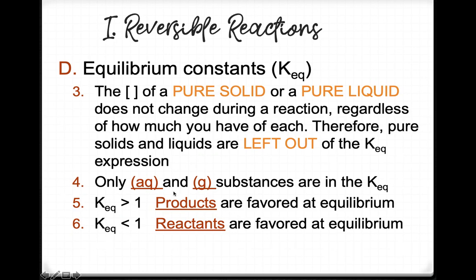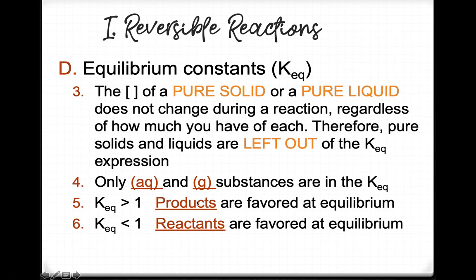If one of your products is dangerous or is a pollutant and you don't want that reaction to happen, even though it's a reversible reaction and it's going to happen on its own, you can choose concentrations so that the reactants are favored, so that you'll get an equilibrium constant less than 1. The expression is the setup of the math equation.